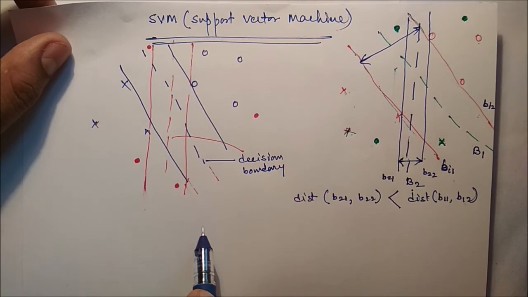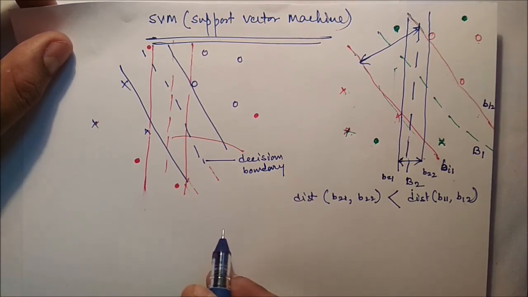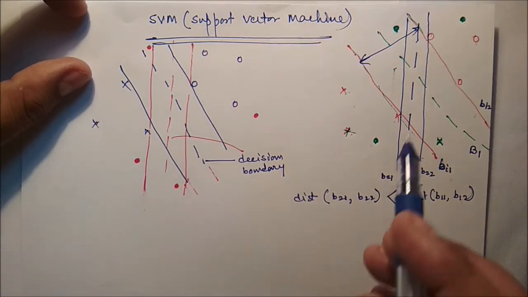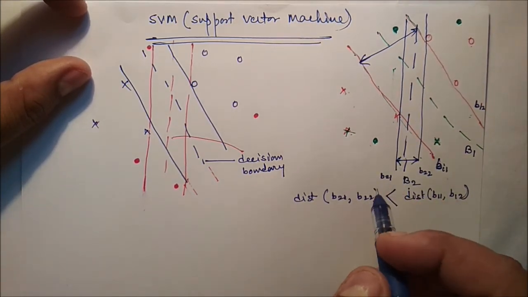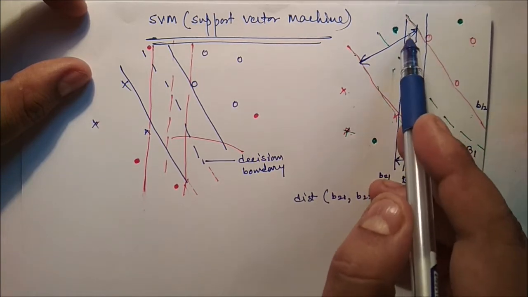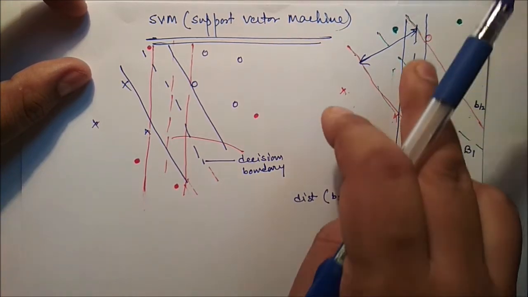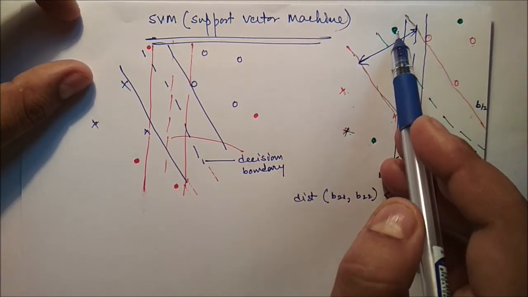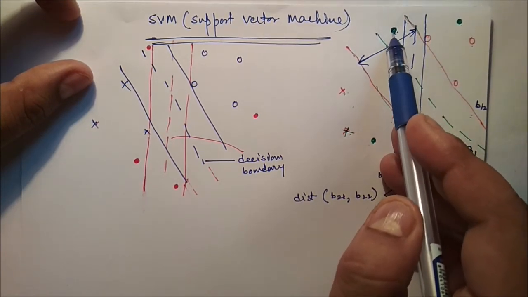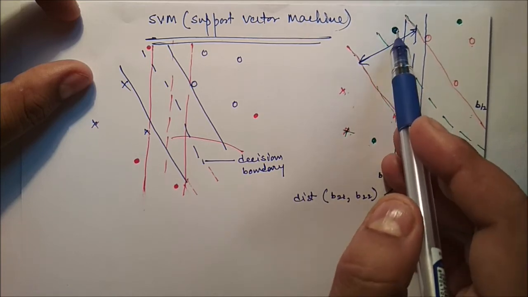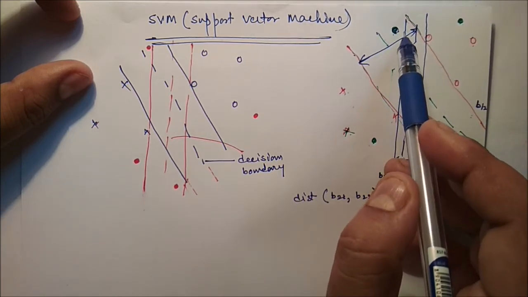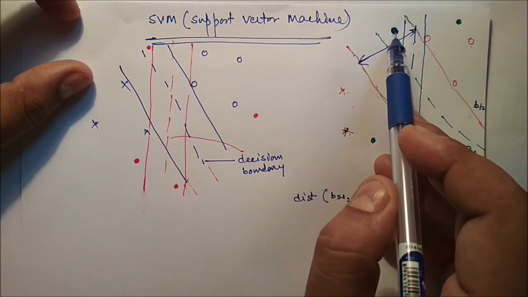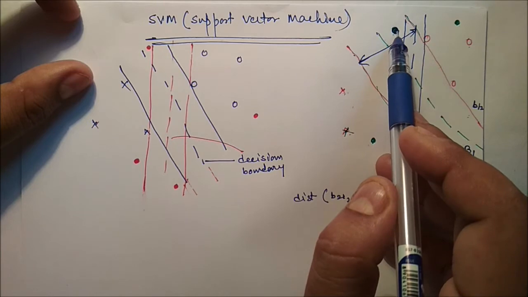Now the decision boundary with a large margin tends to have better generalization error than those with a small margin. Better generalization error means correctly classifying unseen data. Now this is our hyperplane, and if some data is on the left side of the hyperplane, we can say it should be the cross, but this data is very near to the circle, so the class label of this unseen data must be circle, not the cross.